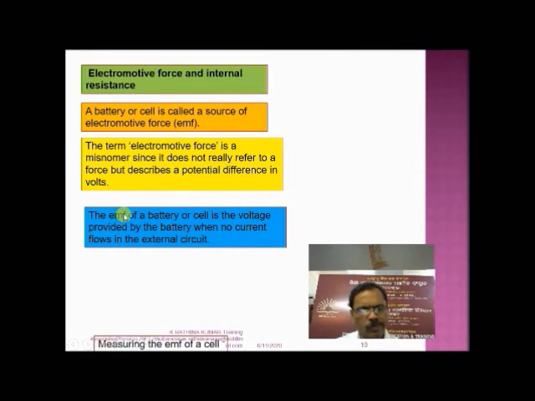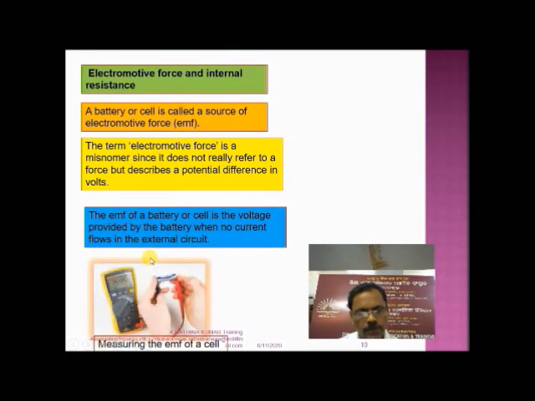The EMF of a battery or cell is the voltage provided by the battery when no current flows in the external circuit.